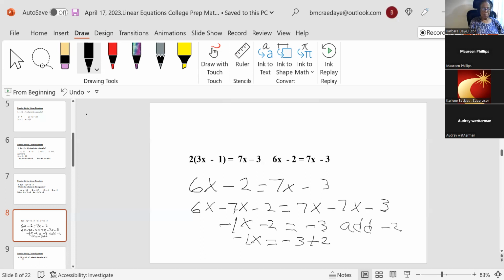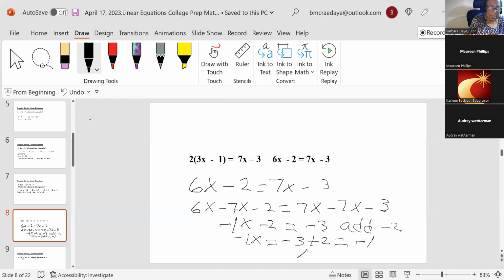That's why you just have the -1x left. And Audrey, what's a -3 and a +2? Like signs, you subtract. Carry the sign of the number with the bigger absolute value. So what's a -3 and a +2? -1. Very good. So you have -1x is equal to -1.